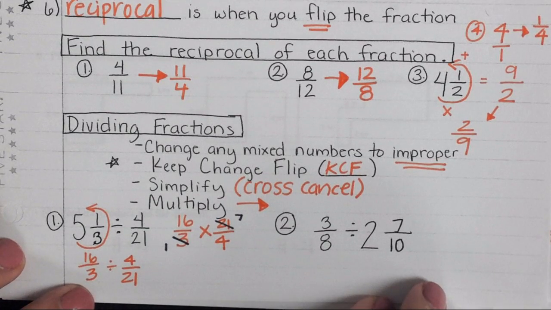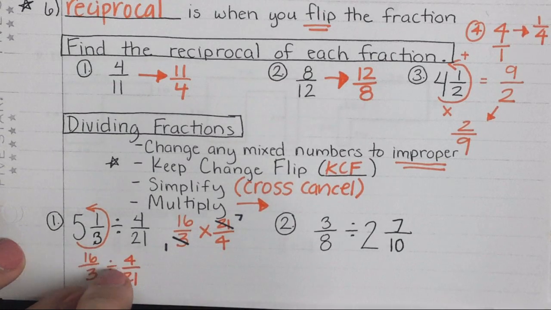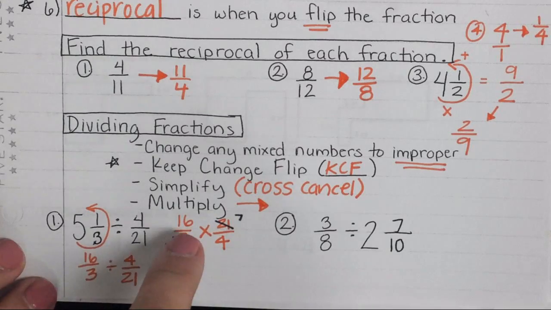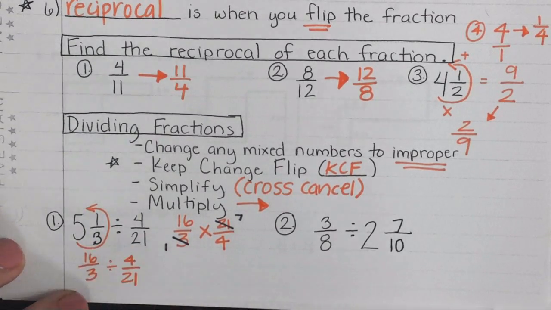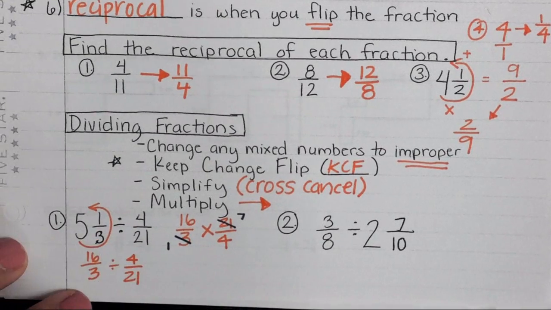Which one? Carter. Hang on. The mixed number should turn into 16 over 3. What about flipping it? We don't flip yet. We don't flip till we get over here. After we make it improper, then we can flip. But we don't flip the first one. We only flip the second one.